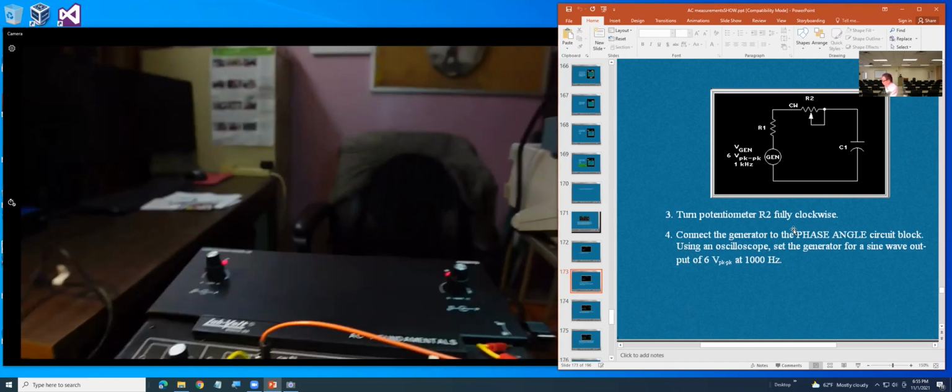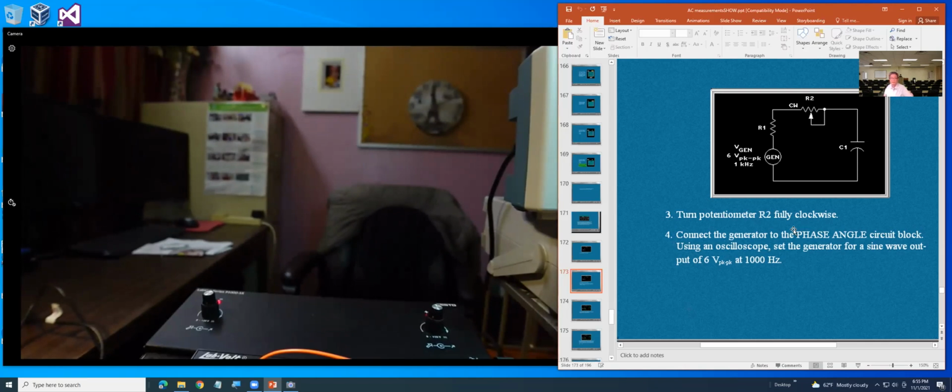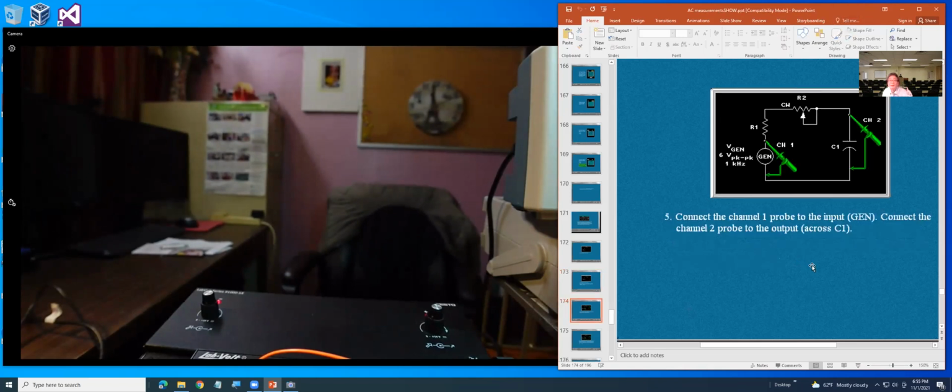Okay, connect one probe, then connect probe 2 to the output of the C1, across C1.